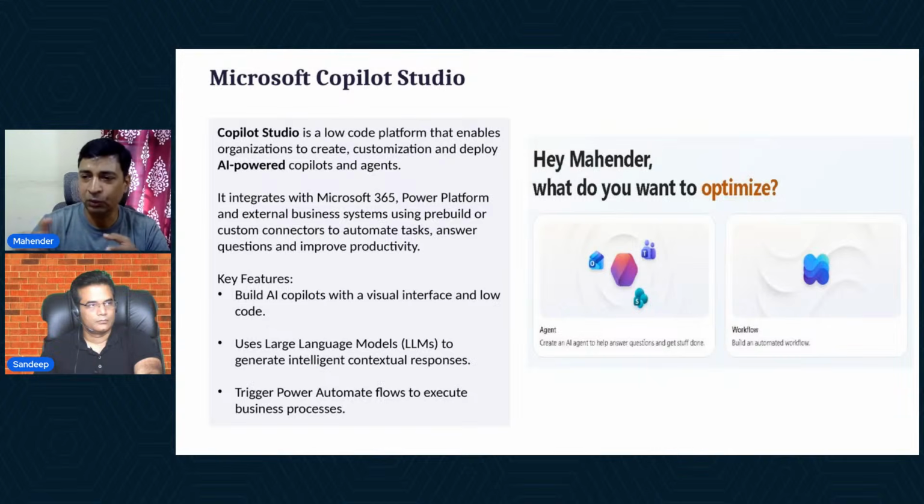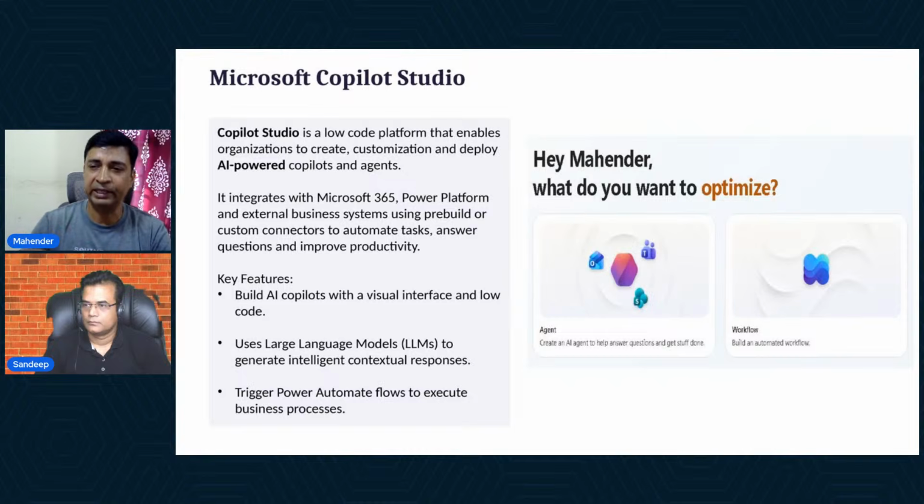It's a low-code, no-code platform, where anyone who has some basic functional knowledge or a little knowledge of AI tools can easily build those AI agents or workflows, because we don't need to write any code, like we do in traditional applications.